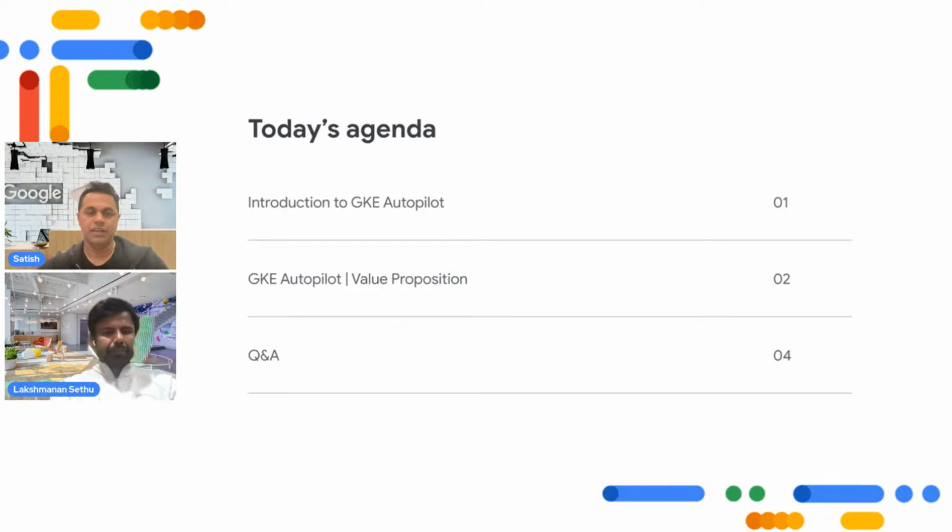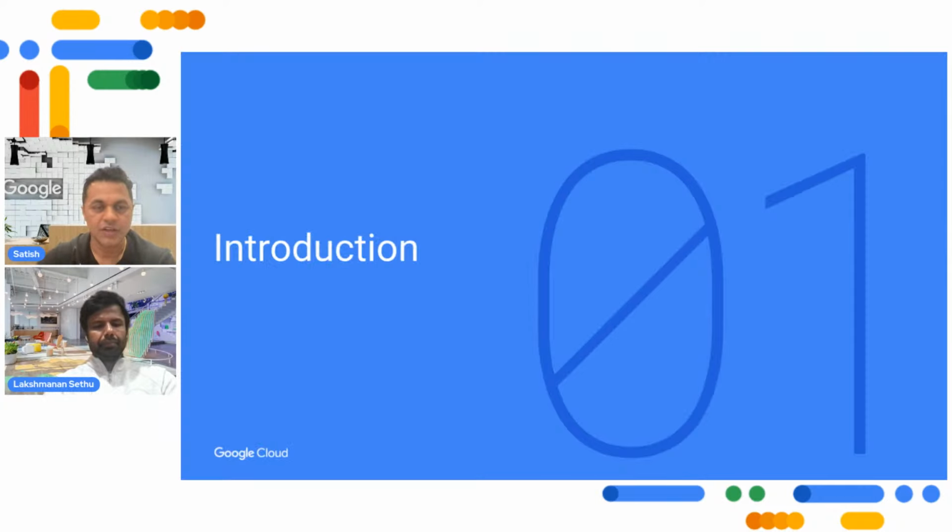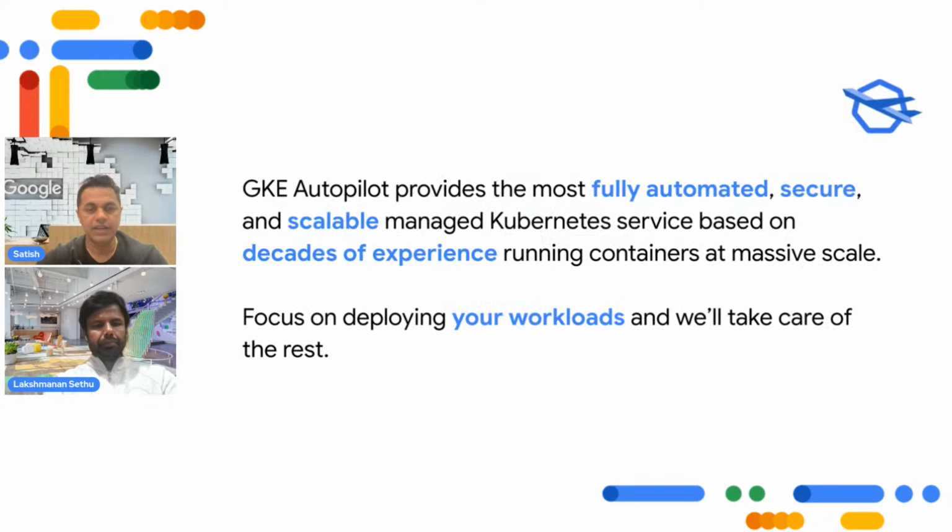So I would like to welcome all of you for this session on GKE Autopilot. We'll talk about what GKE Autopilot is, we'll go over the value proposition, and we'll take some Q&A. GKE Autopilot provides you a fully automated, secure, and scalable managed Kubernetes experience, and that comes on top of our decades of experience.